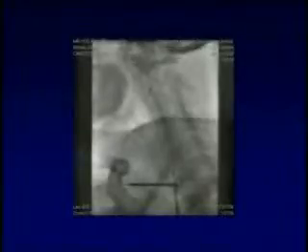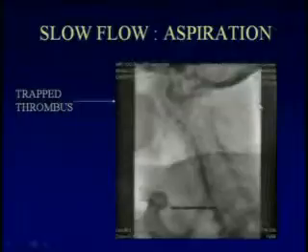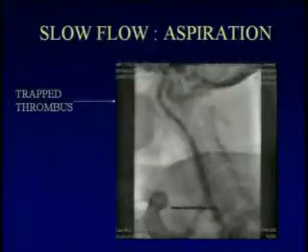Then we opened the stent graft by pulling back the sheath. After opening the stent graft, we could see the thrombus trapped in the filter. Then we did thromboaspiration, and then took out the entire assembly of the distal protection device.